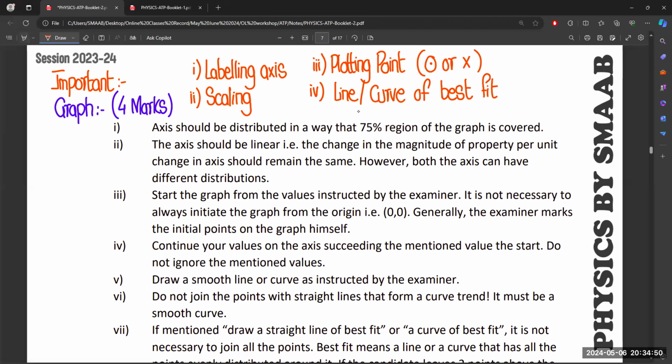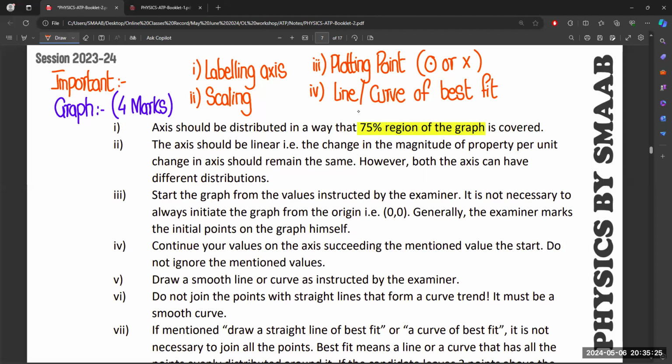Before that, let's suppose your graph is given on full scale paper, like one complete paper, and you get the graph from start till end of the paper. In that graph, you don't need to make half of the graph or just draw axes in between. You have to use at least 70% region of the graph, right? It means you have to make an open graph on the paper. Don't make very shrunk points where all the points are marked in half the graph.